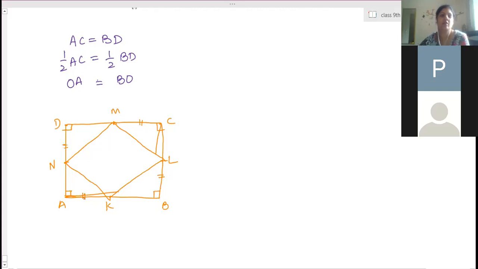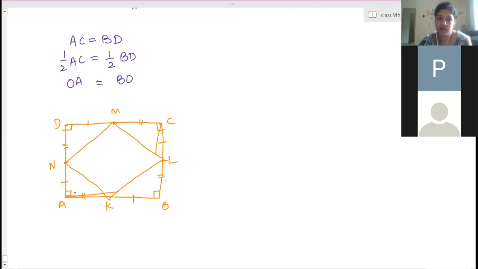This part. Now AB is equal to BC. If AK is equal to BL, then KB is equal to CL. Clear? And that is equal to this part also. And this is equal to this part also. Remaining four sides will be equal because all the sides are equal to each other. Is it clear?